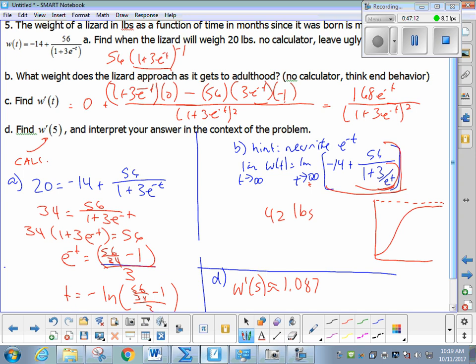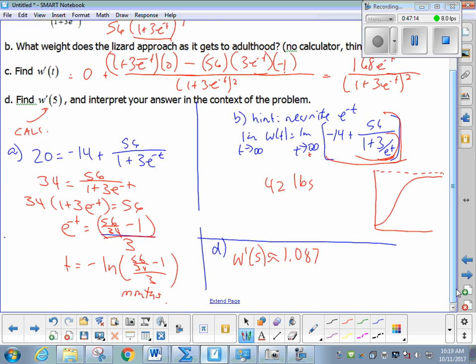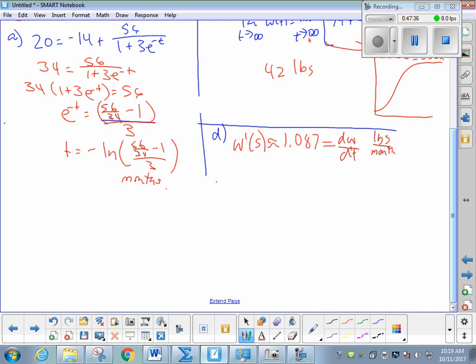Now, interpreting this, if you call this dW/dt, as I suggested, instead of W prime, it might be helpful to say that's change in W, which is change in weight in pounds, over change in time, which is in months. So interpret, please, in a complete sentence. Start by referring to the time. At time equal 5 units, months.